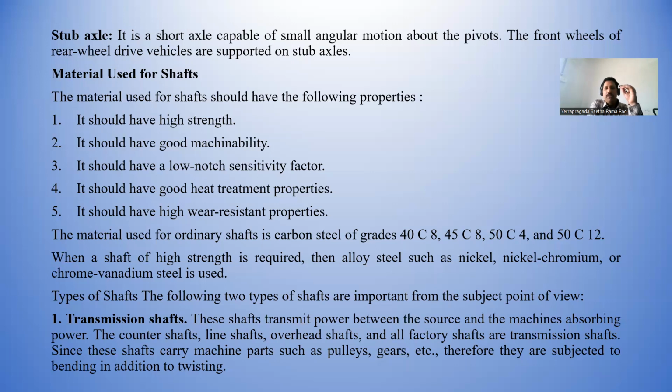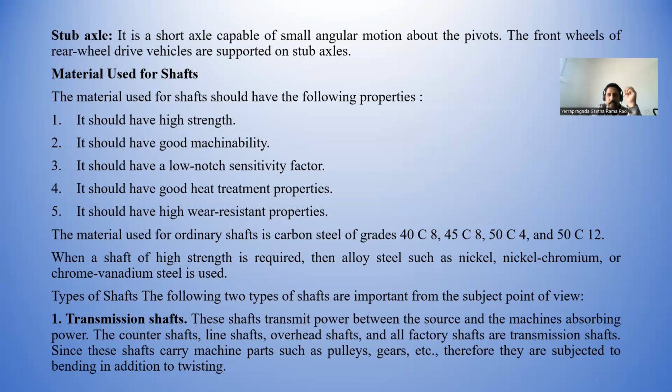And the material should have high wear resistance, meaning the shafts are able to withstand wear. We should not have much wear for the high strength materials that we use, so they can withstand more loads.